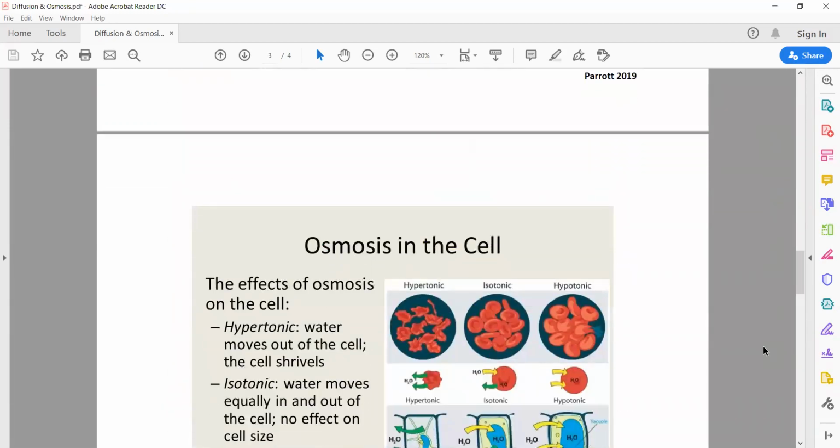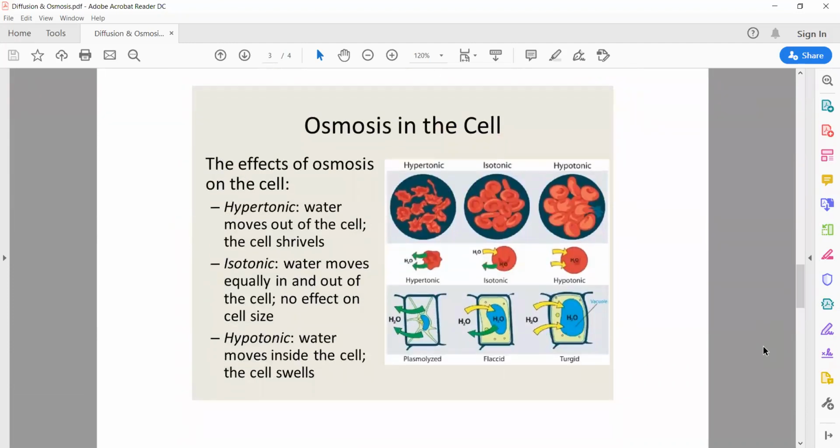And moving on to the next picture, here we're looking at osmosis in the cell. So the movement of water from an area of higher concentration to an area of lower concentration. This winds up being extremely important when you are looking at the human body.